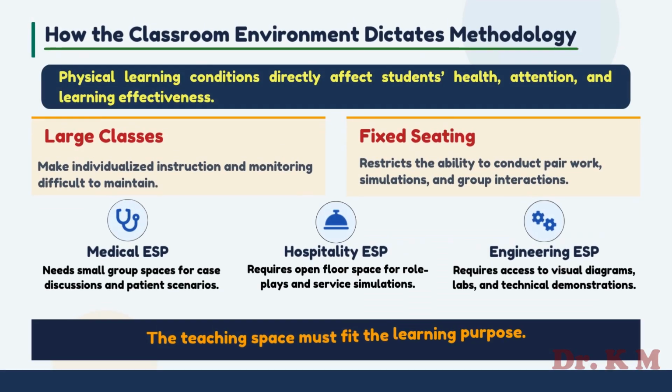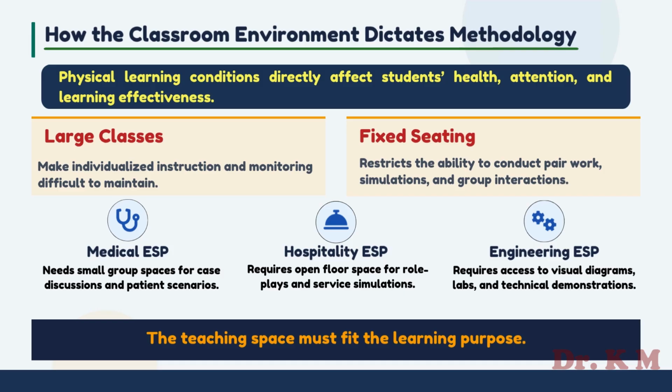Classroom environment. Physical learning conditions directly affect students' health, attention, and learning effectiveness. The classroom environment shapes how teaching happens. For example, large classes may make individualized instruction difficult. Fixed seating may limit pair work and simulations. A lack of projectors, speakers, or whiteboards may reduce the quality of instruction.